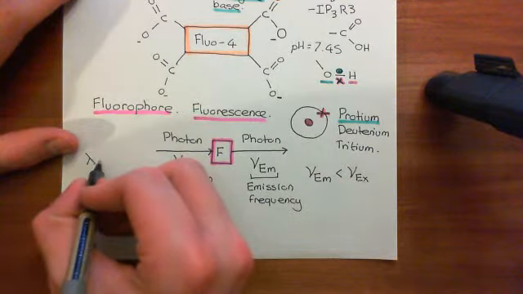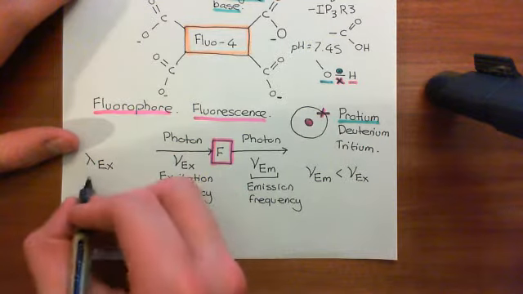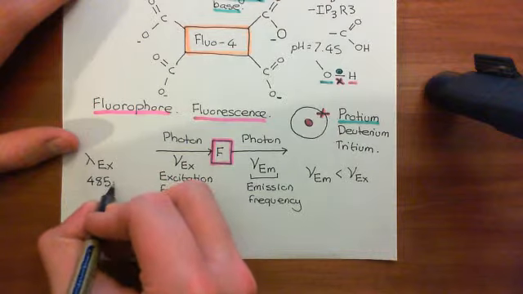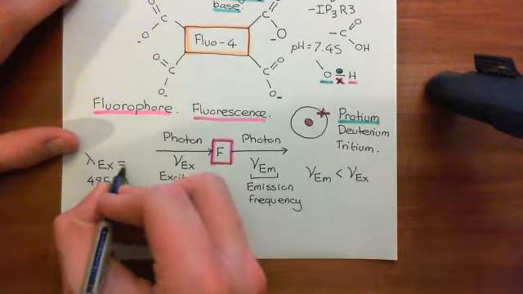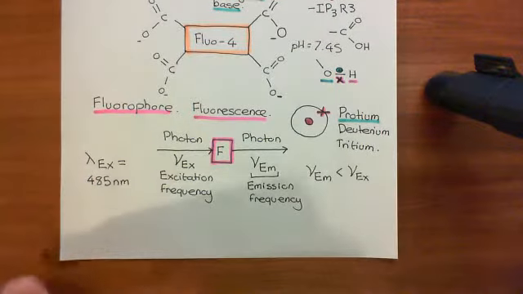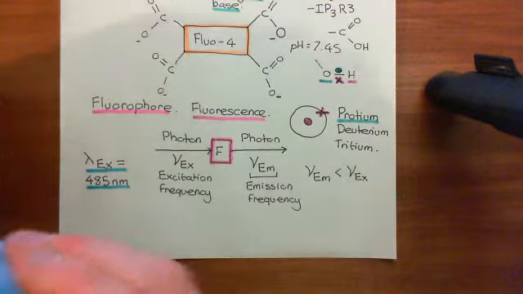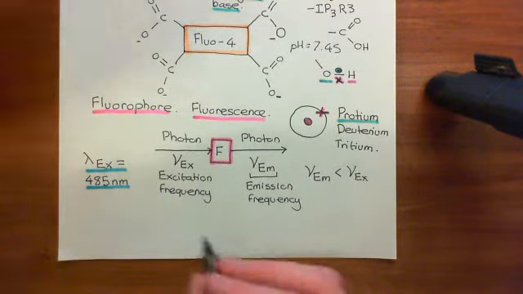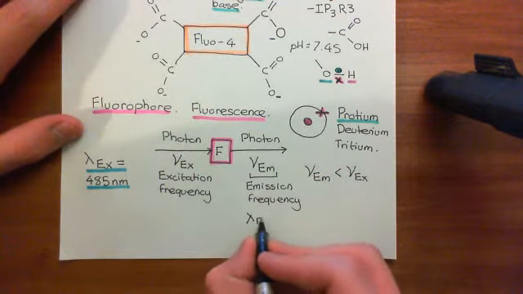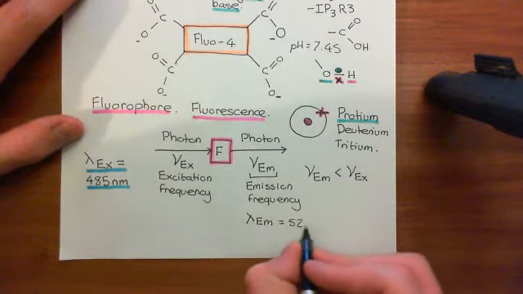So we'll call this the wavelength of excitation now, and the wavelength of excitation for Fluo-4 is 485 nanometers, which is actually in the visible portion of the spectrum. That is blue light. So you can shine blue light onto Fluo-4 molecules, and what then do the Fluo-4 molecules emit? Well, the wavelength of emission is 525 nanometers.